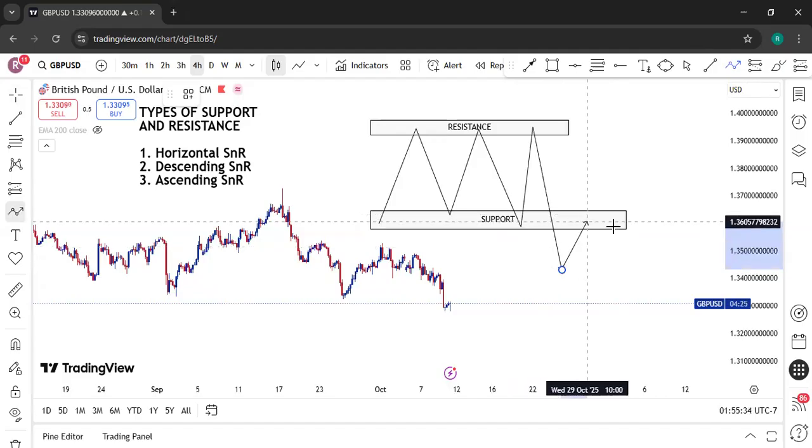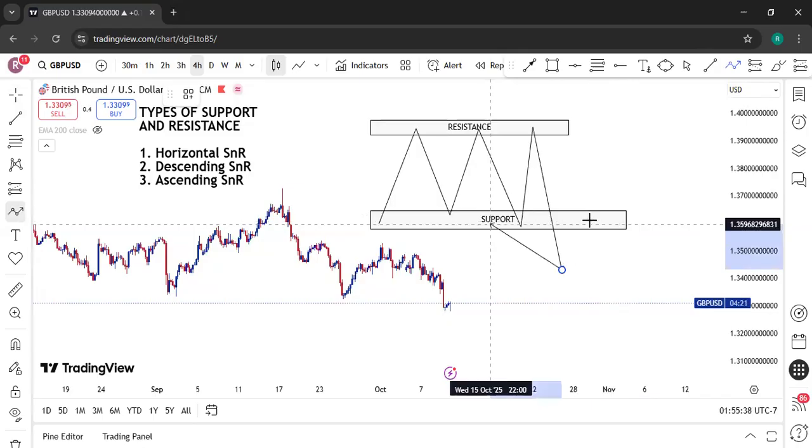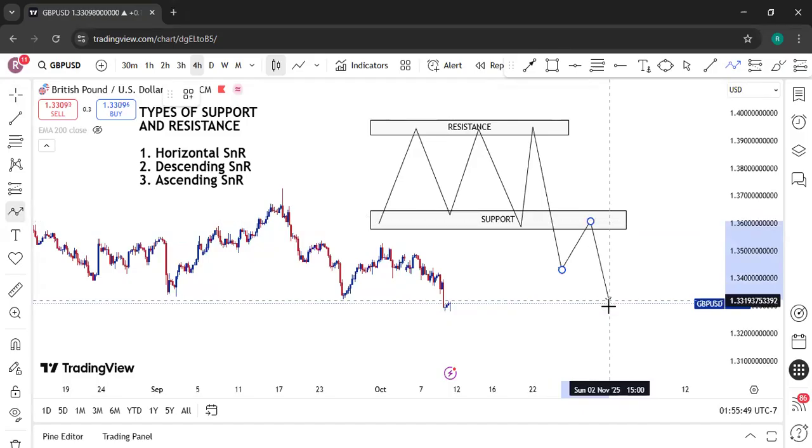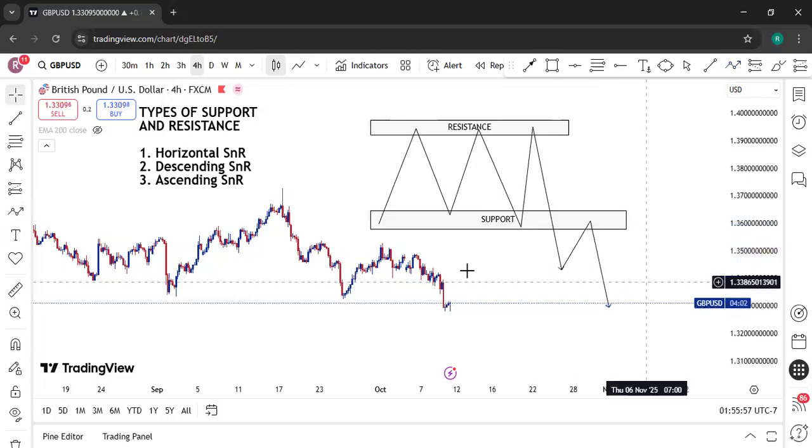This is why you hear a lot of traders say resistance now turns support, support now turns resistance. So this support turns to resistance, and we expect that from this new resistance, price would drop to the downside because resistance means that there are sellers inside of that zone waiting to push price downwards. That is the previous support becoming new resistance.